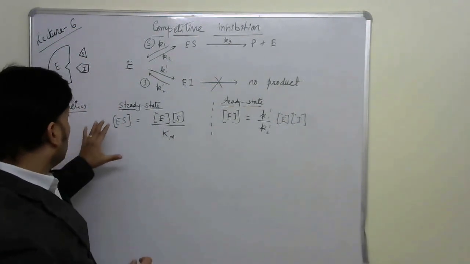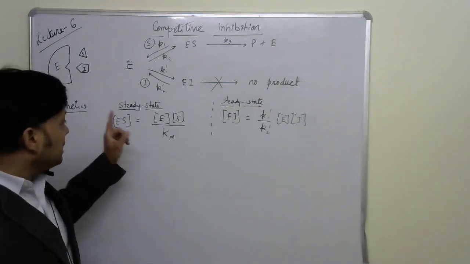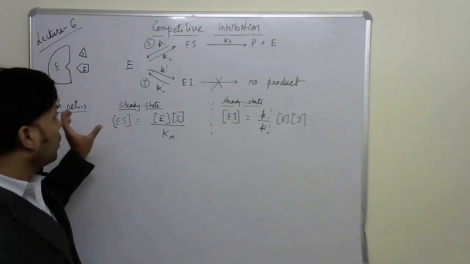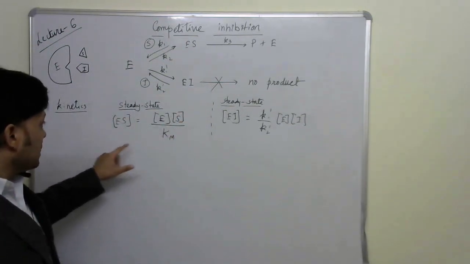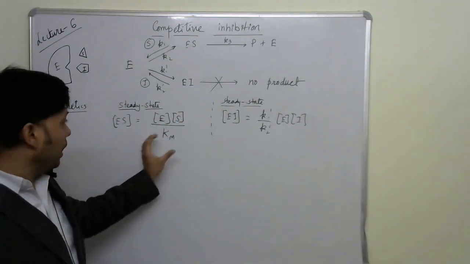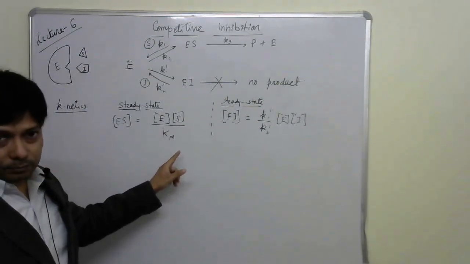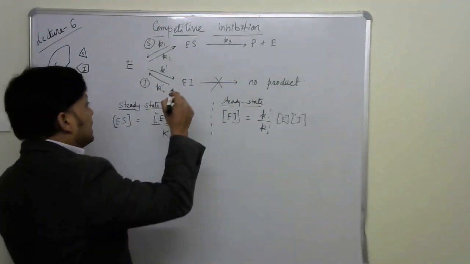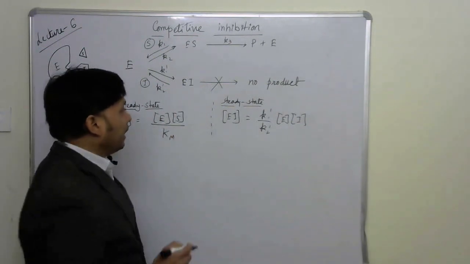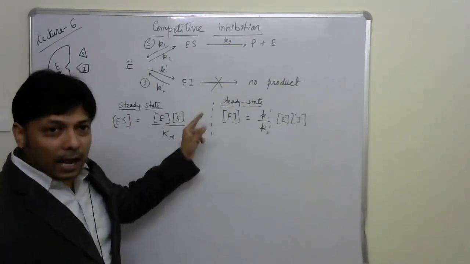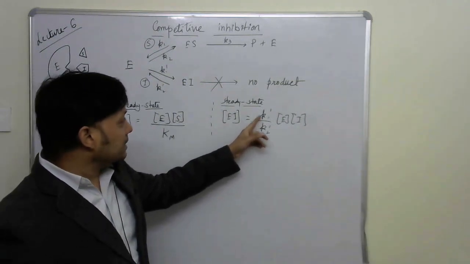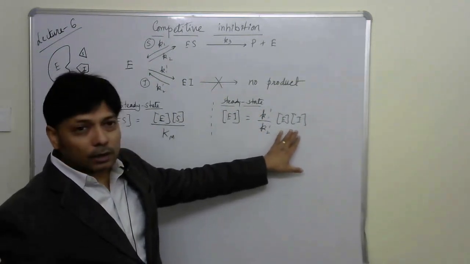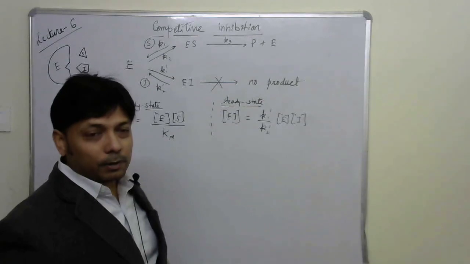Remember, if we apply the steady state approximation for only the Michaelis-Menten mechanism, we get the concentration of ES as the concentration of E multiplied by S divided by Km. And if we apply the steady state condition on EI, by putting d[EI]/dt equal to 0, we find the concentration of EI as K1 prime divided by K2 prime multiplied by E multiplied by the concentration of I.